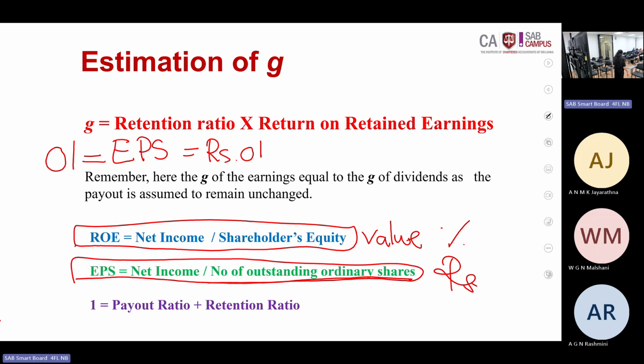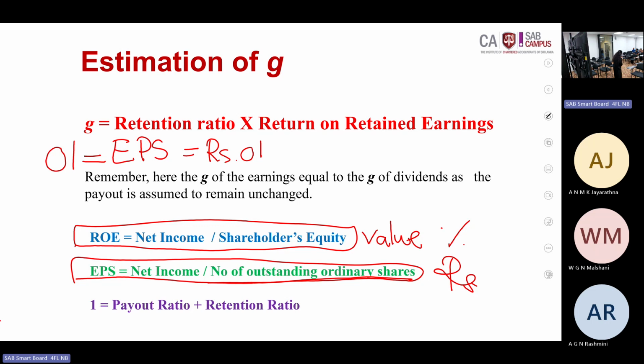What can they do? They can distribute part of this 1 rupee as a dividend, to the existing shareholders. Because they are the party who gave us the funds to run this business. As a return, we have to give something to them, which is called the dividend.